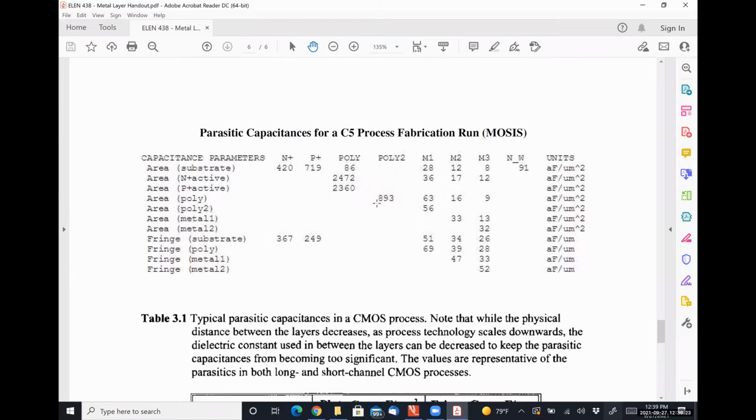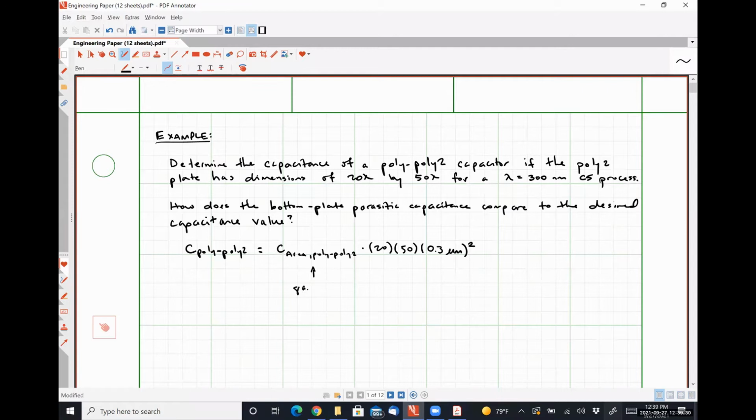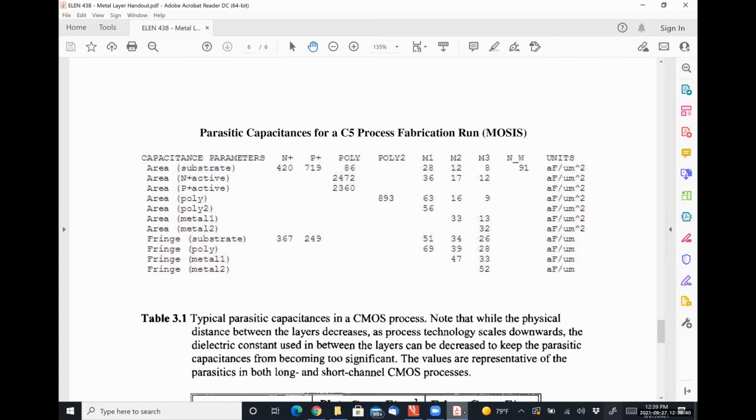That is a very, very large value, right? Another thing that I want to point out here, if we look at fringe from poly to poly 2, no value is given.